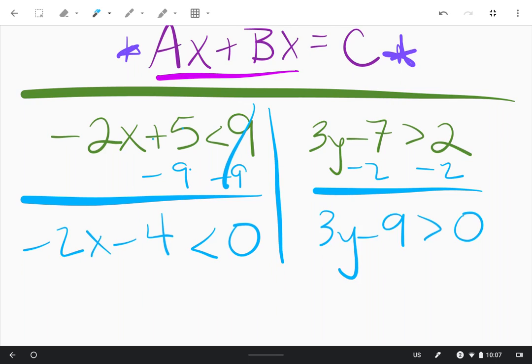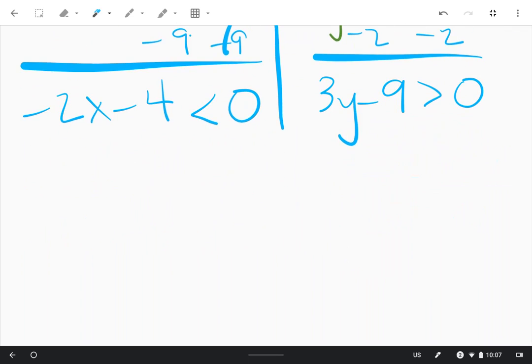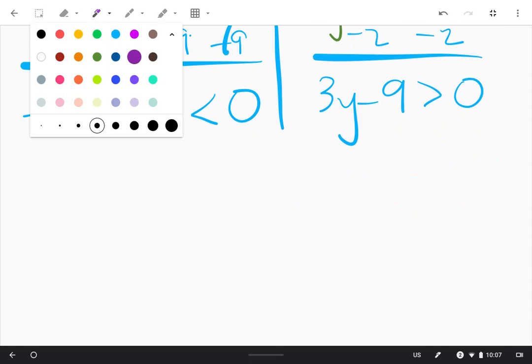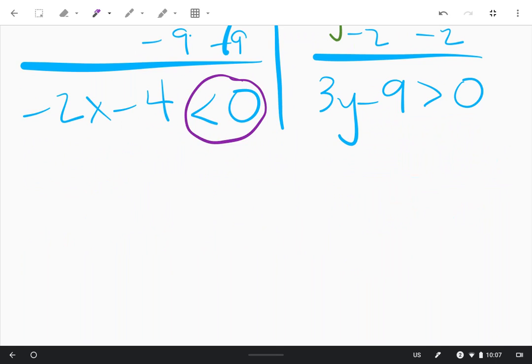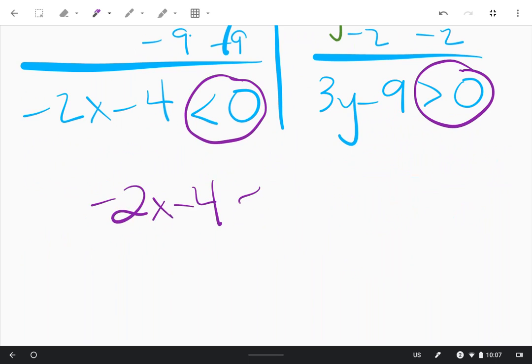So a similar idea here. We see that the equation negative 2x minus 4 is less than 0, and this equation is greater than 0. So if this one is less than 0, and this one's greater than 0, then we also know that this one must be less than this one. And that's an important concept.